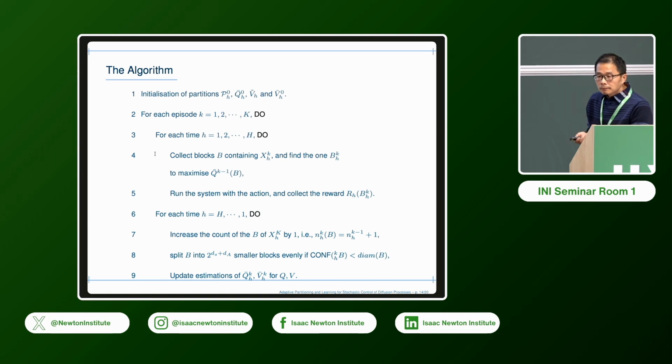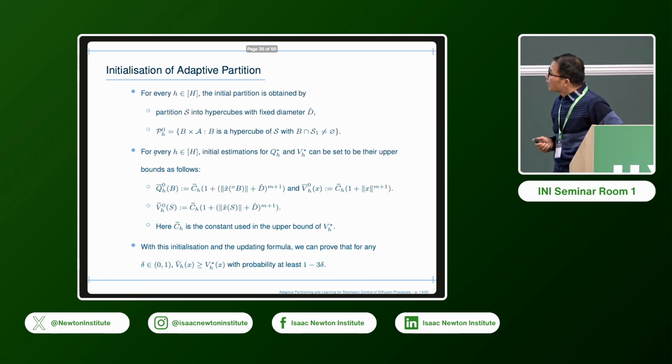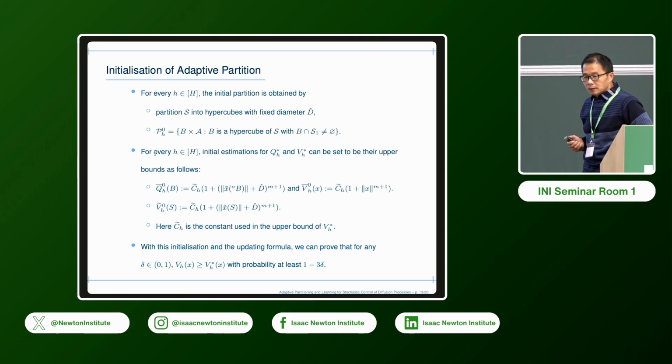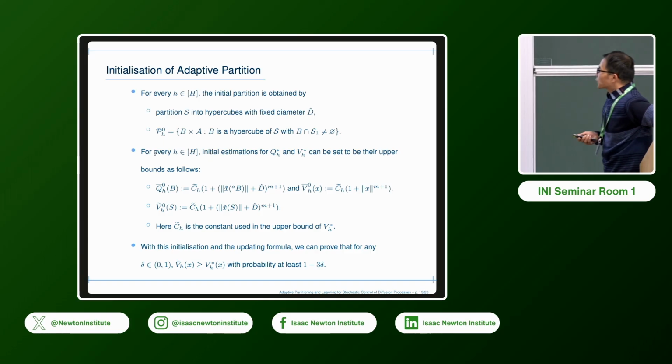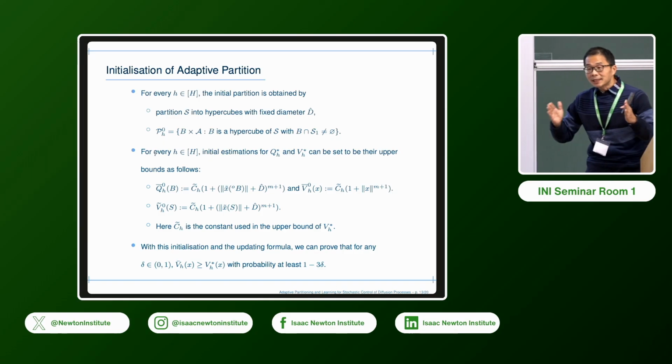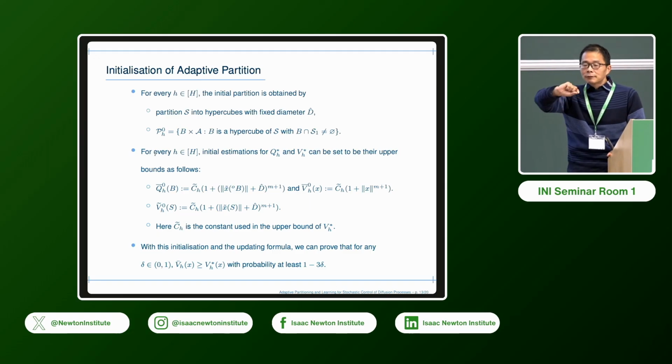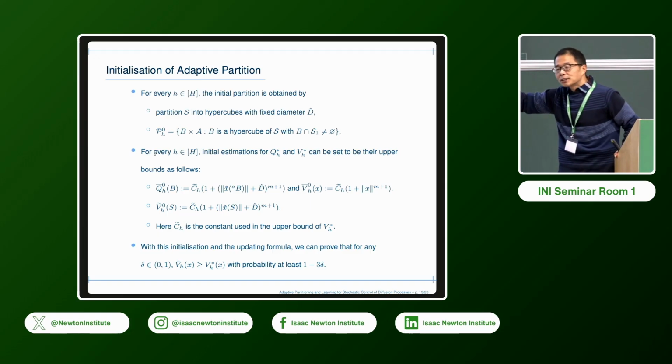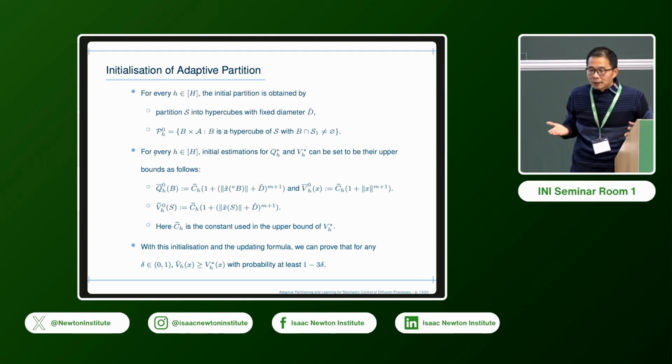Yes? So, can you go back to the last slide? So you're saying you're overestimating the value. Yes. So why is that a useful criterion? Good question. Later, because we will do the regret analysis, we need to evaluate V star minus V pi, right? But we don't know V star.